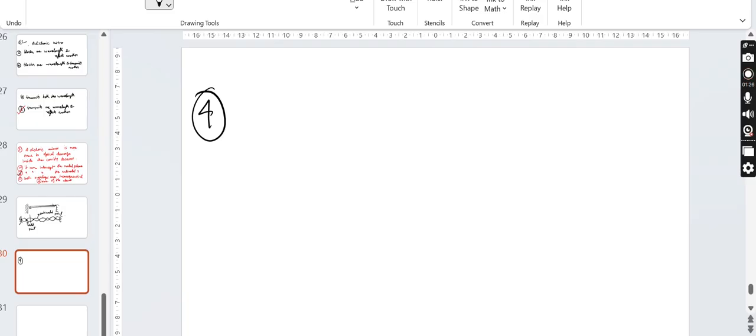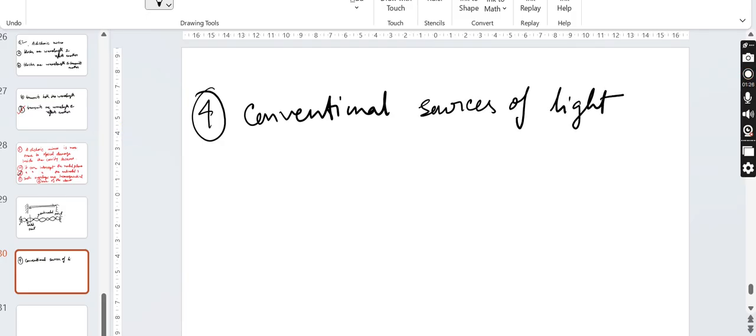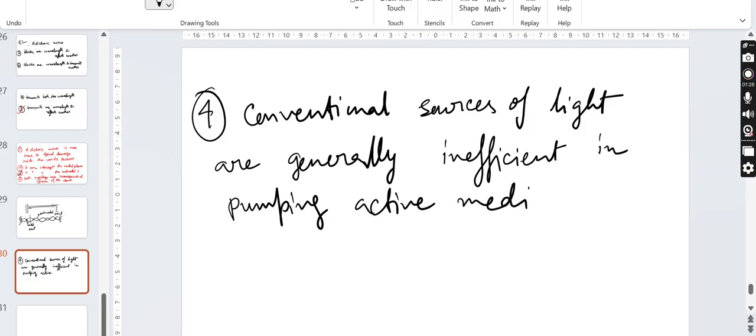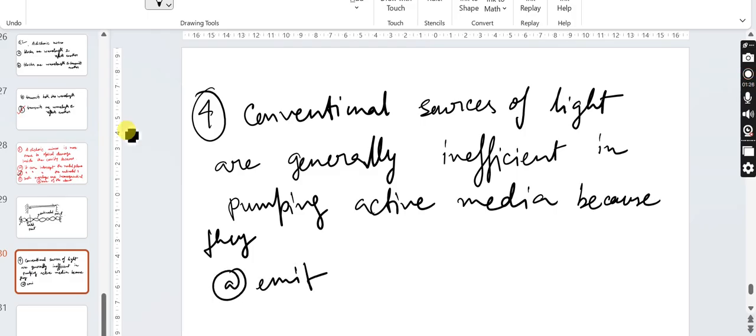Question 4. Conventional sources of light are generally inefficient in pumping the active medium because they A, emit light over a wide spectral range.